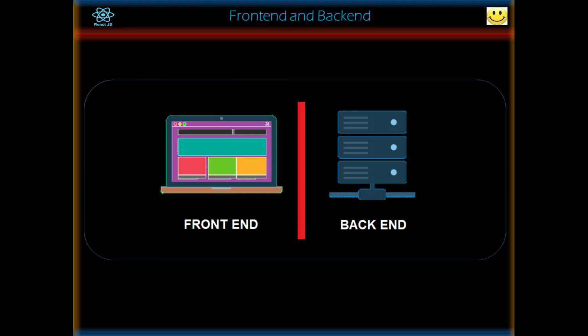This is front end and back end. Front end is where you are able to see the user interface on your laptop or on your mobile. Back end contains the business logic layer and data access layer, and both reside on a server.